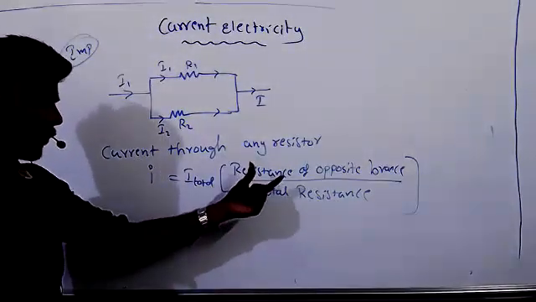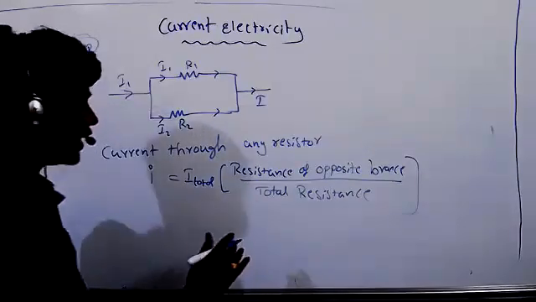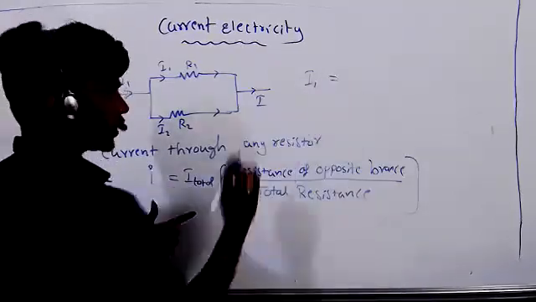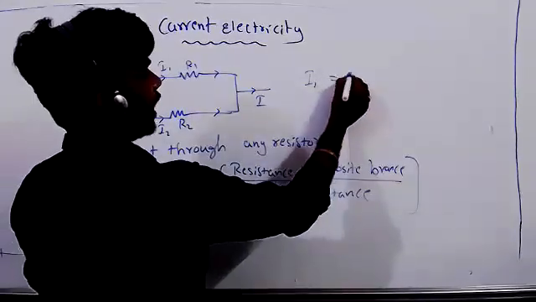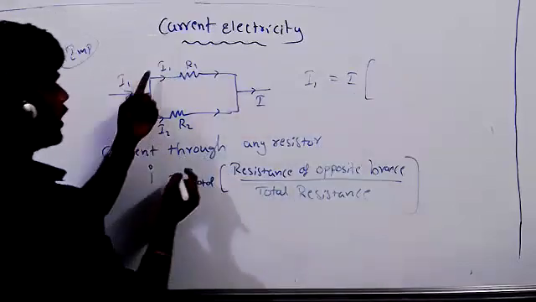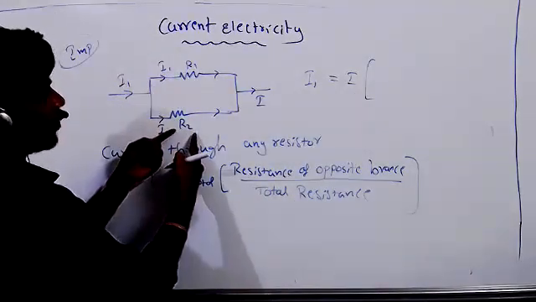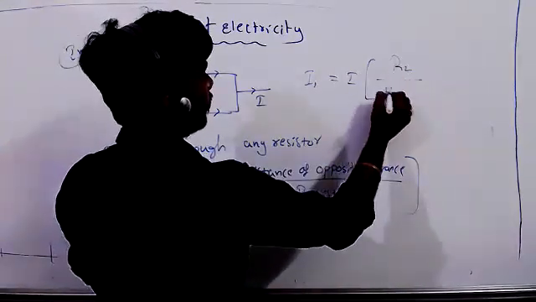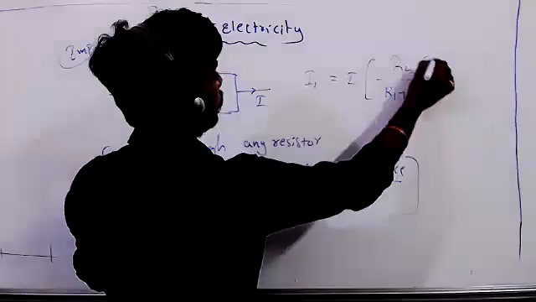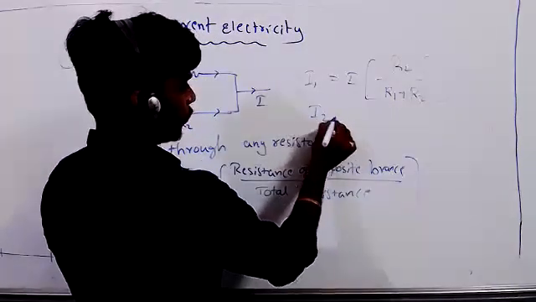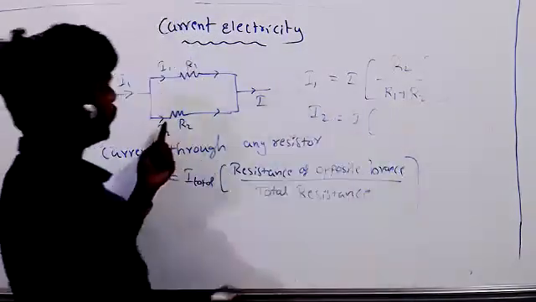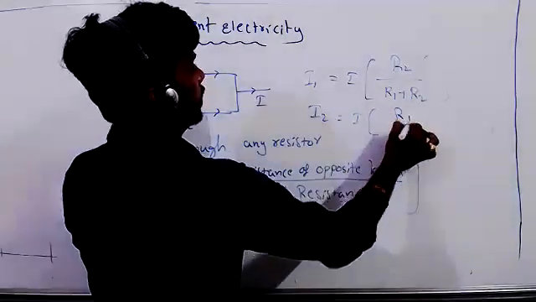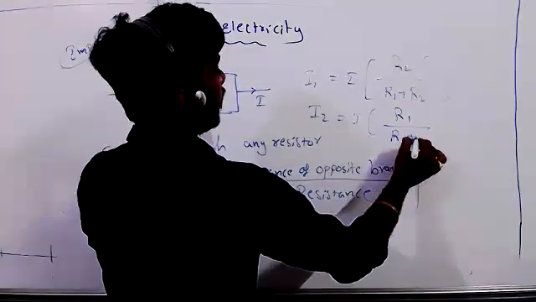Resistance of opposite branch by total resistance. That means if I ask you what is I1, I will write I1 here. What is the opposite branch? Opposite branch resistance how much? R2. R2 by total resistance R1 plus R2. If I ask you I2, I2 is here. What is the opposite branch? It is the opposite branch. So opposite branch resistance R1 by R1 plus R2.